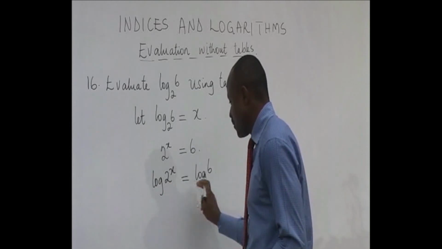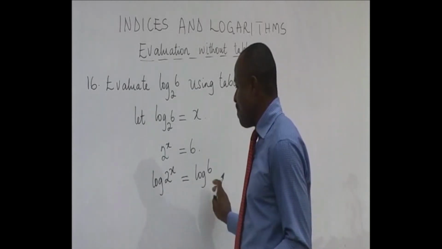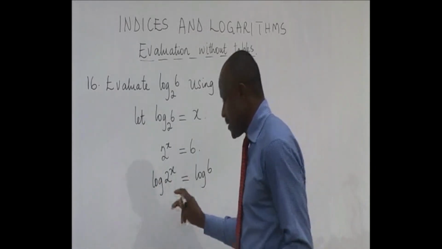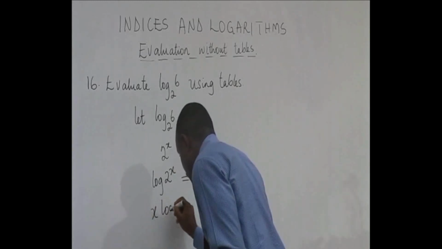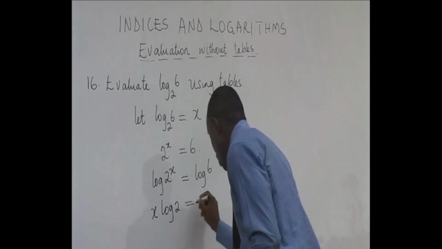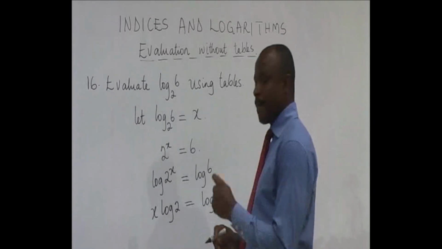Now that you don't have any base attached, remember I told you they are in base 10. Log to base 10 of 2^x means x times log to base 10 of 2. And it's going to be equal to log to base 10 of 6.